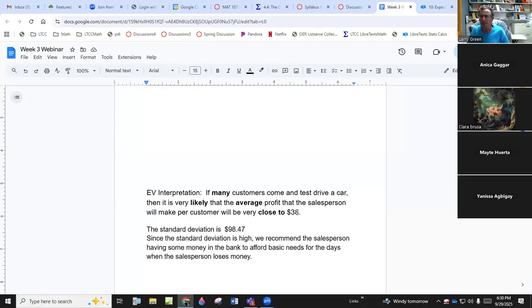All right. Any guess on how I've used this expected value to make a lot of money?